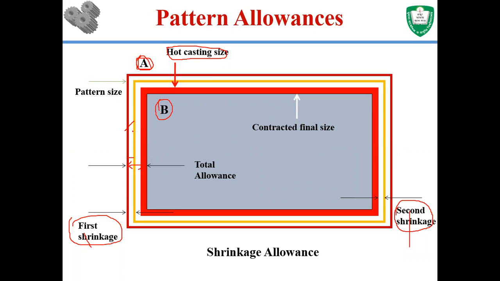But if there is no such option for pouring basin or riser, then you have to consider all three contractions. That means total shrinkage allowance. If you want to make a part of dimension B, then you have to make a pattern of dimension A. The pattern size will be larger than the final product.